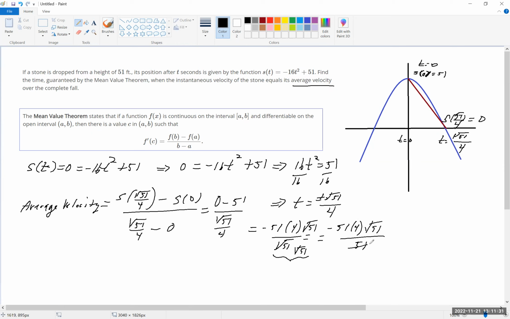That's what these give me. Those cancel, so I'm left with minus 4 root 51.